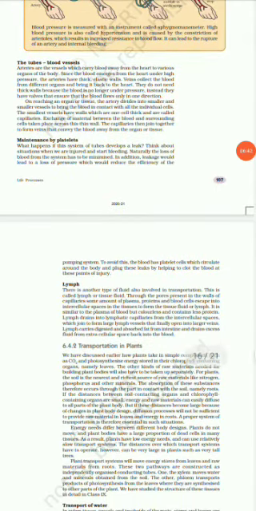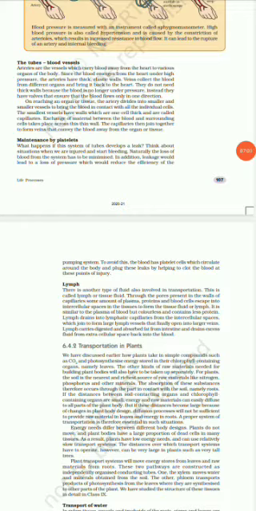Next is lymph. Lymph is another type of fluid also involved in transportation. It is called lymph or tissue fluid. Through the pores present in the walls of capillaries, some amount of plasma, proteins and blood cells escape into the intercellular spaces; this is the tissue fluid, or lymph, as we call it. It is very similar to plasma, but it contains fewer proteins.